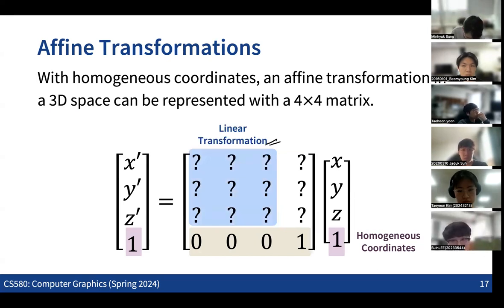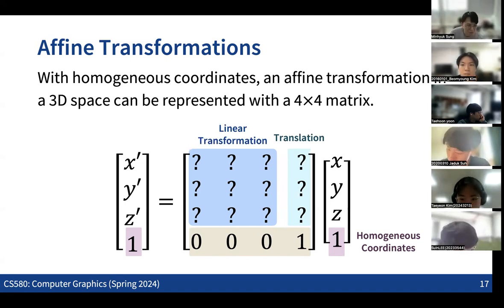So all the transformations that can be represented with the 3 by 3 matrix here, and then we are adding the translation here as well. Right? So those are all the types of transformations that we're going to represent in our model view transformations. Basically, the model transformation can be represented with a single 4 by 4 matrix, which comprises the linear transformation and the translation like this.